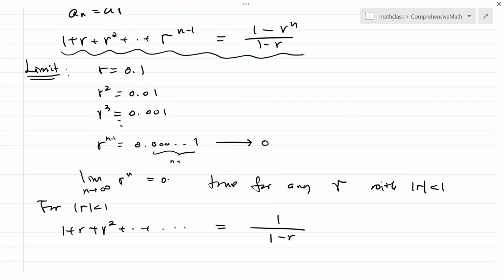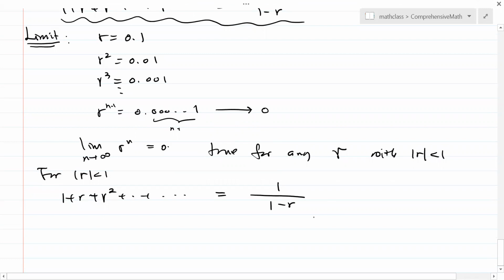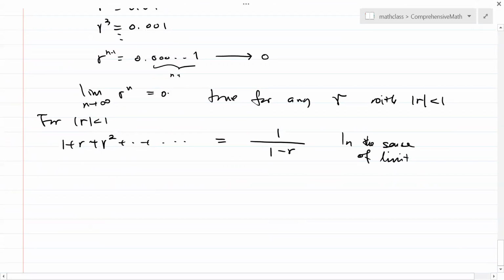Then you have infinitely many terms on the left-hand side, and the right side is only one fraction, but that fraction approaches 1 over 1 minus r because r to the n can almost be ignored. So you have this identity, in the sense of the limit. This is the only place we needed to understand the limit concept.